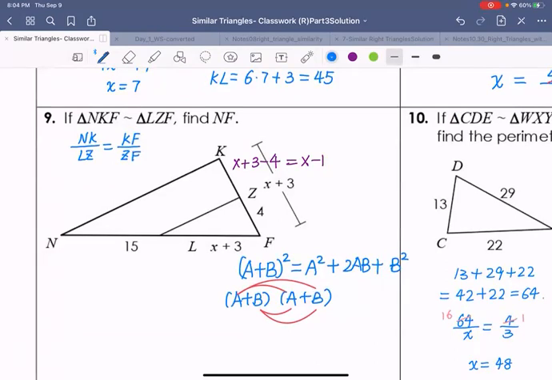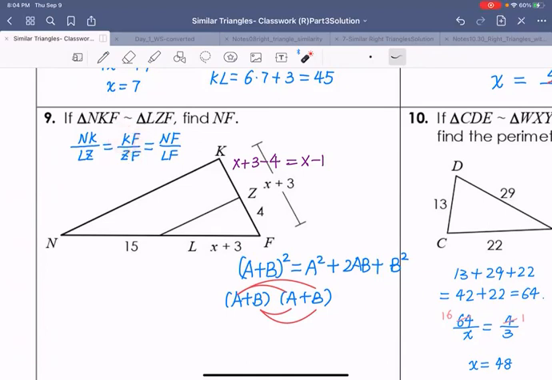Yeah, now we can use this to list the equation. Go ahead, please. Oh, one more. Yeah, one more. NF over LF. Okay, yeah. Let's find out who is KF.